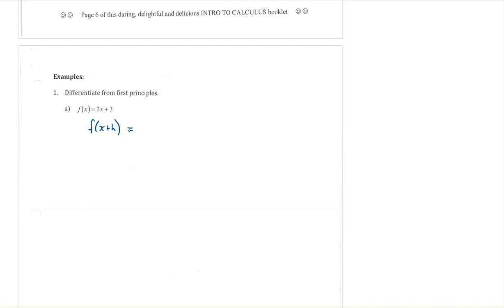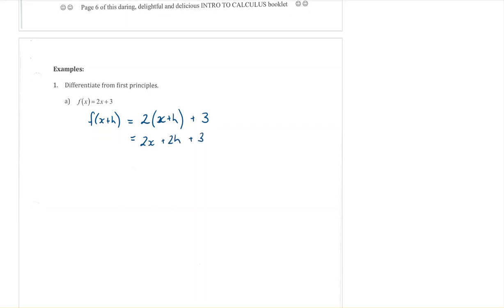That just means that everywhere where there is an x, I have to replace it with x plus h. So it's going to be 2, instead of the x, it will be x plus h, and then close bracket, plus the 3. Okay? So I'm going to expand that. That's 2x plus 2h plus 3. Okay, it's just good to have that one first.